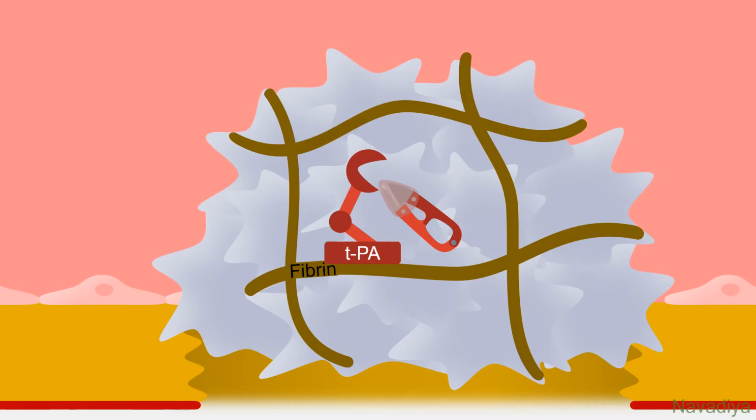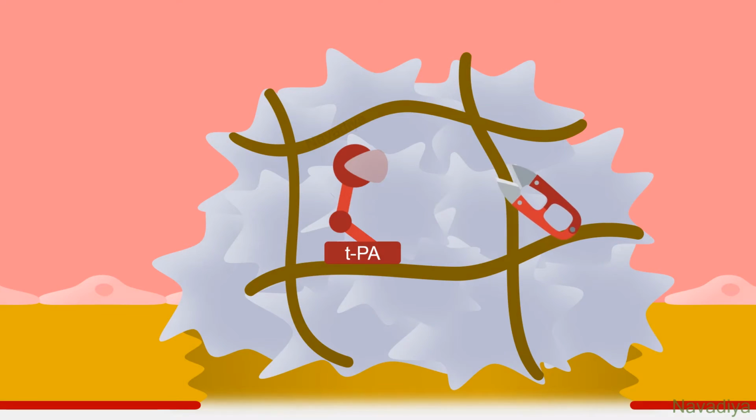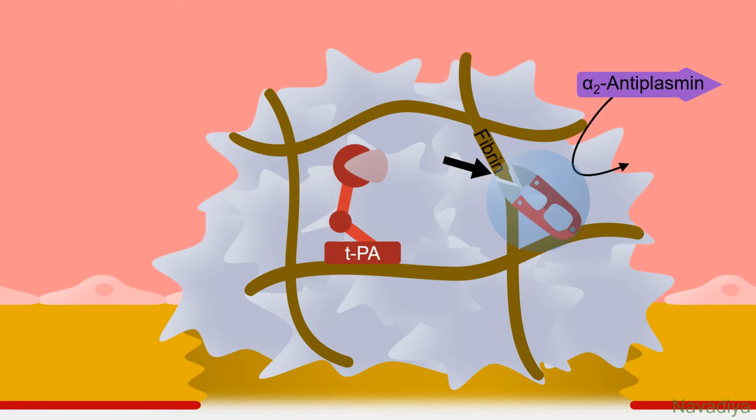However, the story is different where a clot is present. Here, tissue plasminogen activator binds with fibrin, which potentiates its catalytic activity. So, in presence of fibrin, tissue plasminogen activator can easily activate plasmin. Also, the plasmin thus formed is safe from the inhibitory effect of antiplasmin. That is because the binding site for fibrin and antiplasmin is the same.